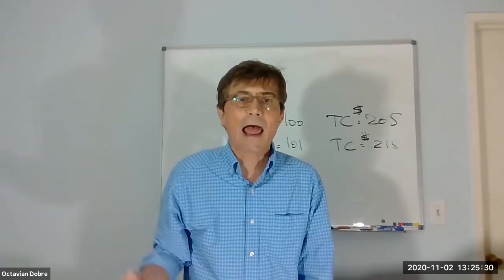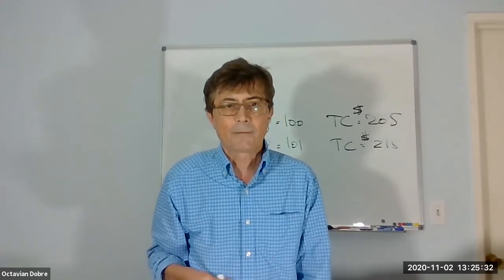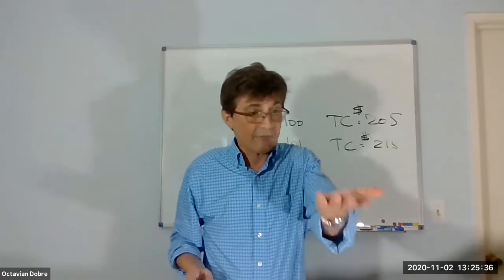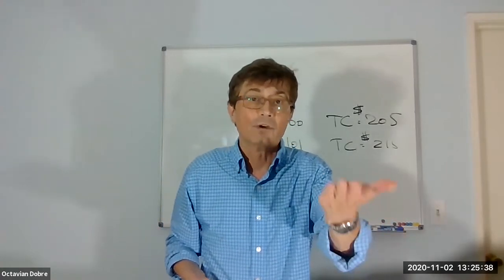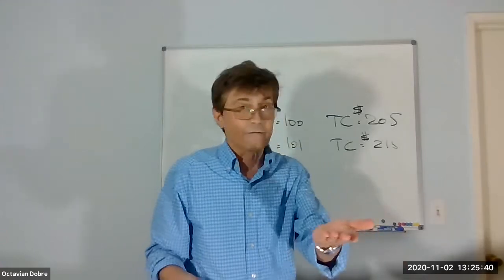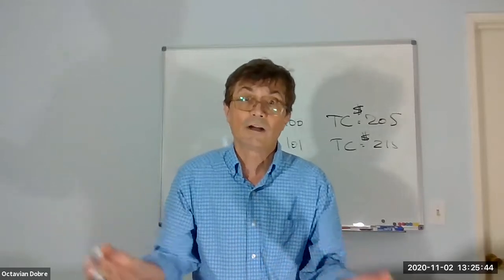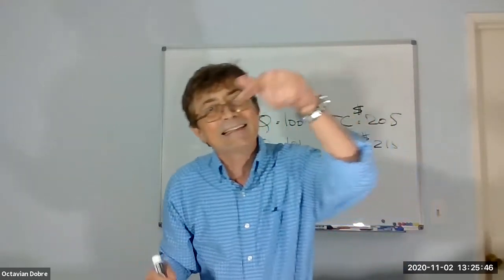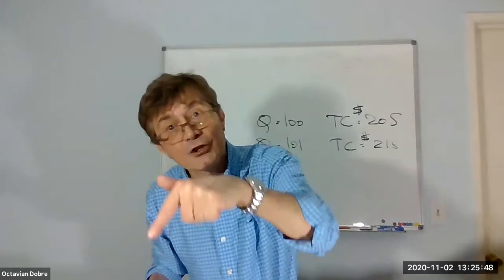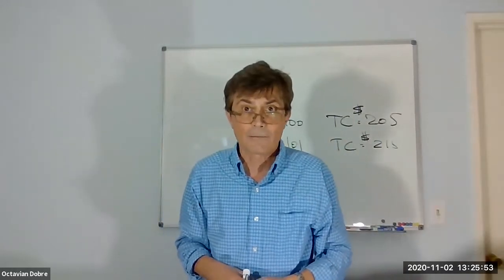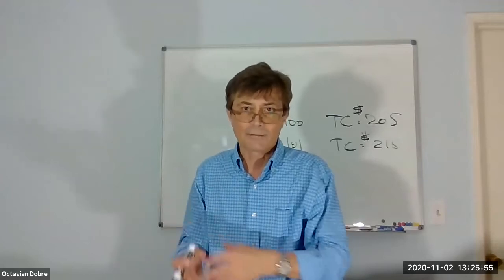So how much did it add to the costs? 10. 10, exactly. How did you get it? Well, if 100 units cost you 205 and 101 units cost 215, that means the 101st unit added another $10 to my total cost. That's the marginal cost.